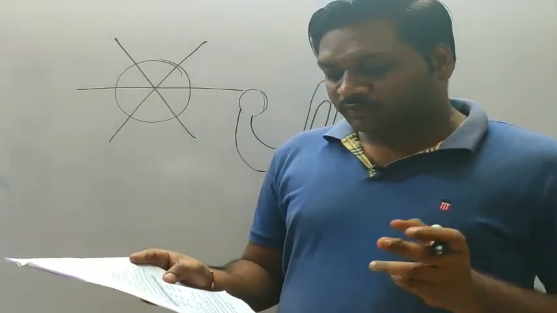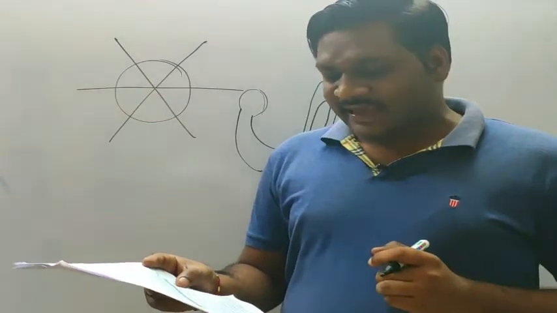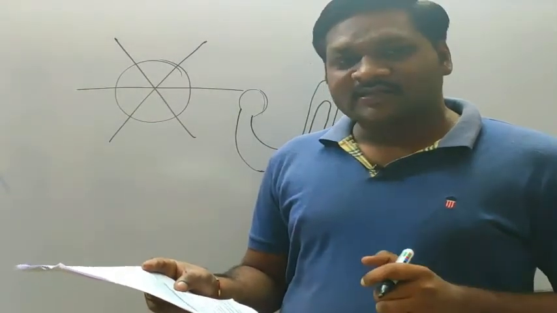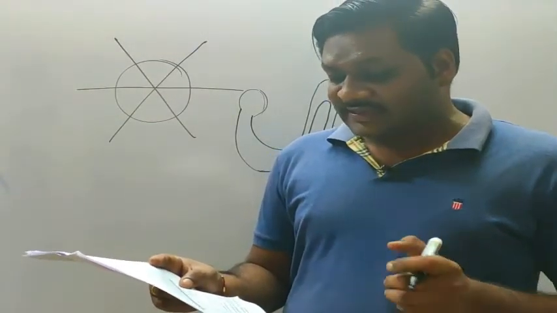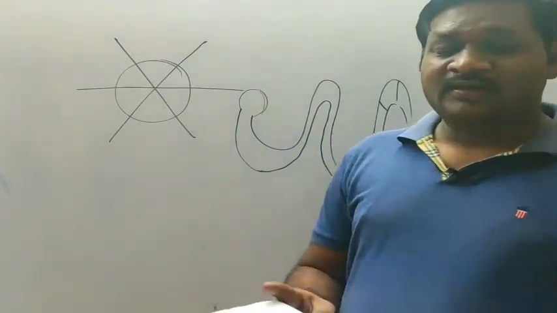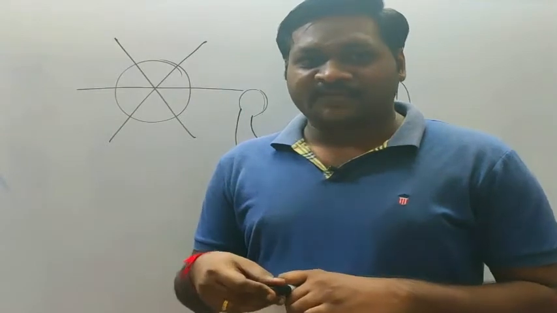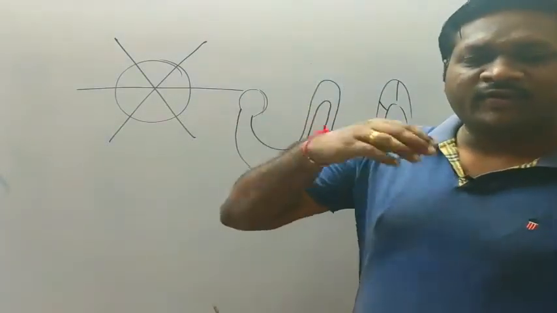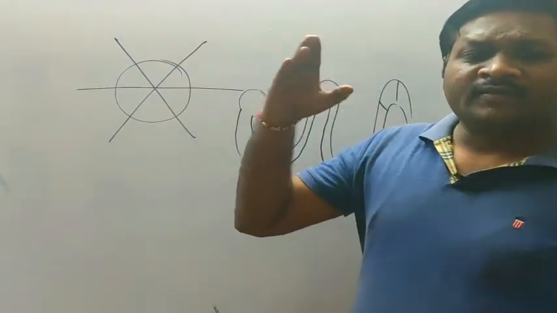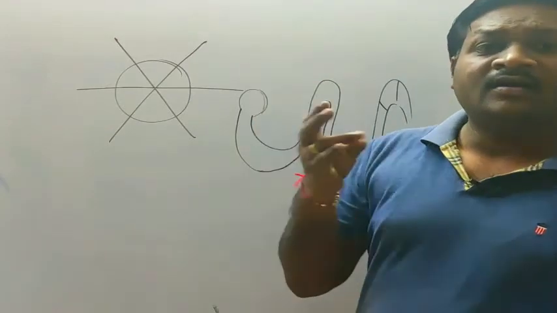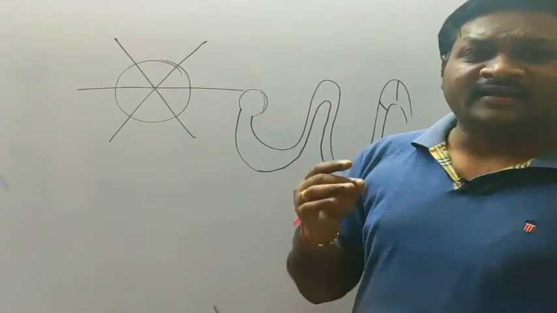The next question, number 96: acoelomate diploblastic animals, the animal phylum is. Think about it: when we discuss the classification of different phyla, the first three phyla are Porifera, Ctenophora, and Coelenterata.